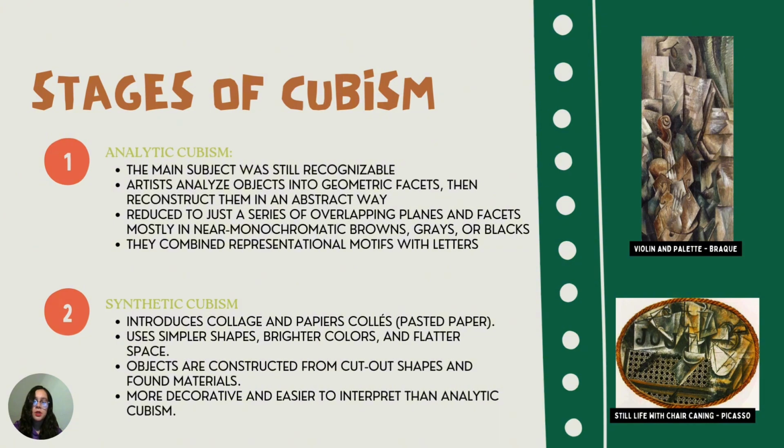Picasso and Braque reduced their images to overlapping planes in muted colors like browns, grays, and blacks, and they often included letters and focused on still lifes, such as musical instruments, bottles, glasses, and newspapers, and also human faces and figures. This phase is considered the purest form of Cubism and also the most difficult to interpret.